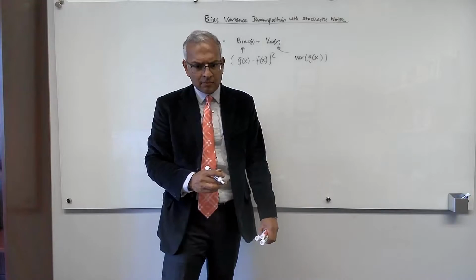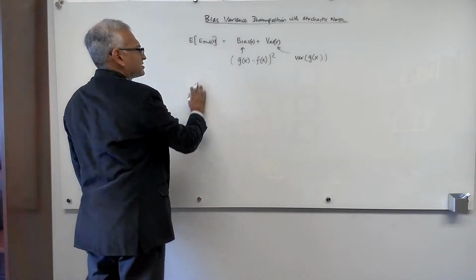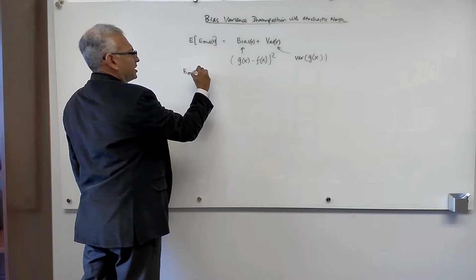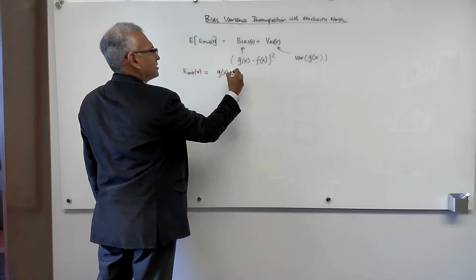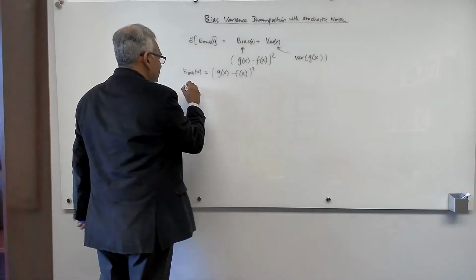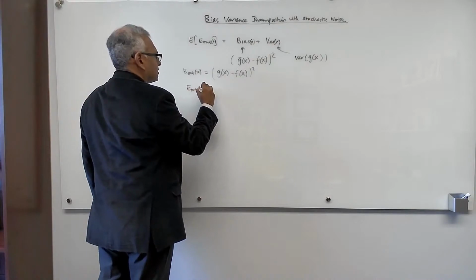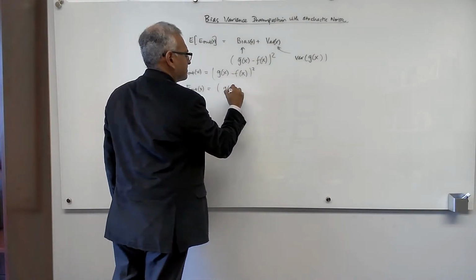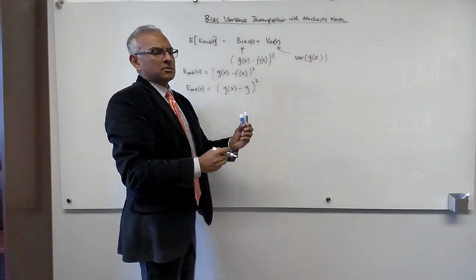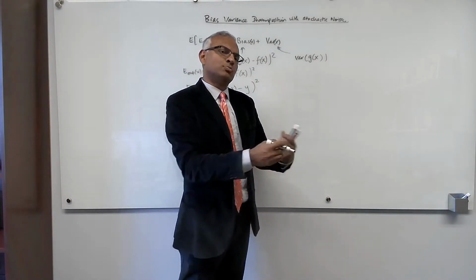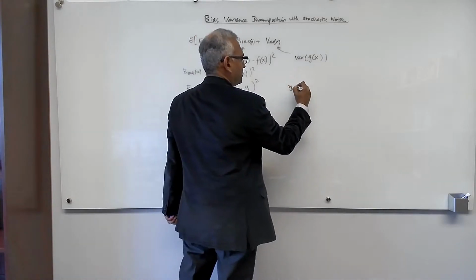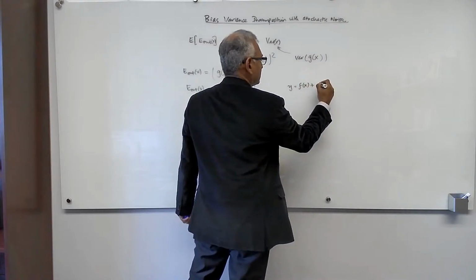Let's see what happens when now there's noise. So how did we get this? Now the E out of X was equal to G of X minus F of X, squared, in the noiseless case. In the noisy case, E out of X is going to equal G of X minus Y, squared, because now we're looking at the output Y compared to the prediction G of X, and the output Y is equal to F of X plus your noise, epsilon.